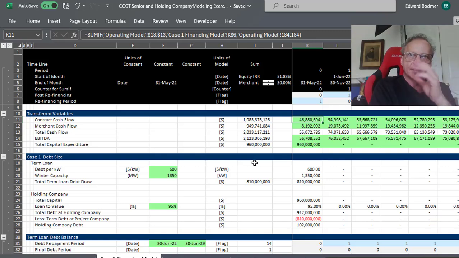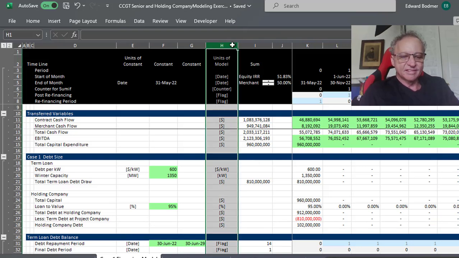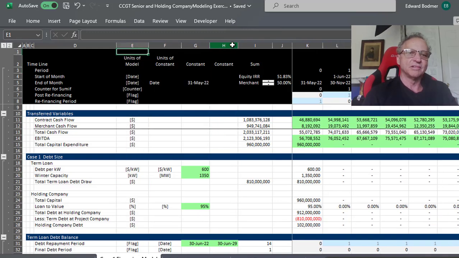I'd put some of the titles perhaps in, okay? And then we can talk about the financing. And here's where we transfer the variables over. Again, I think this is my new style for the week, okay? And again, I've got a problem here.